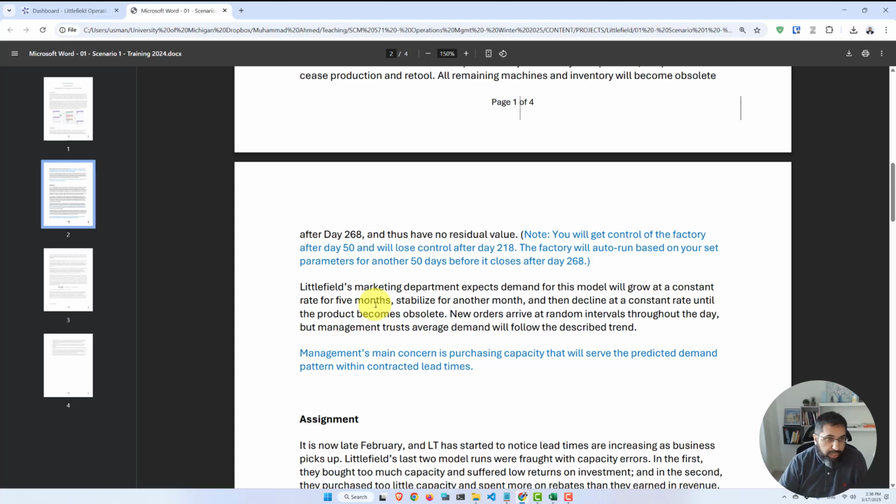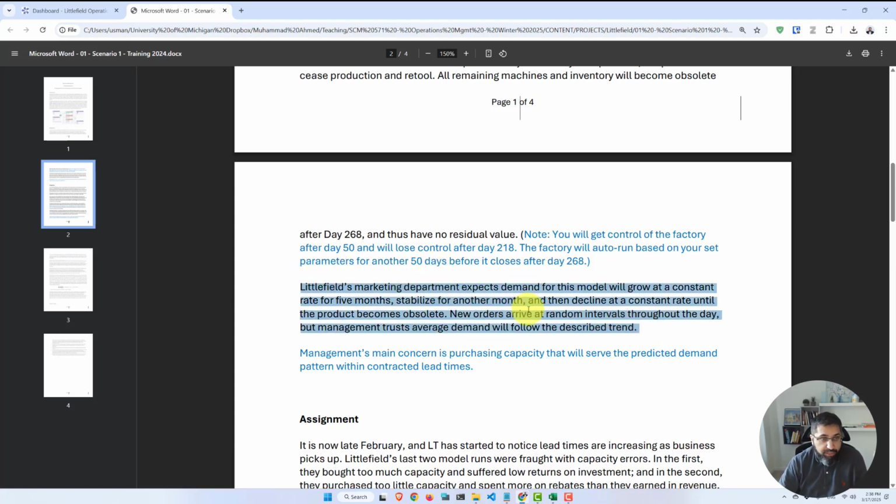A month has about 30 days, so 5 months is about 150 days, right? So for the first 150 days, we expect growth in demand. And it's stabilized for another month, like, be flat for about 30 days, and then start to fall and start to drop after that. Okay, so after day 180, so the last days that you manage the factory, 180 to 218, you might see the demand to drop.